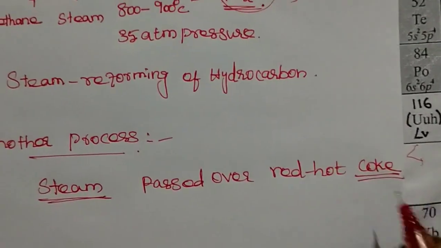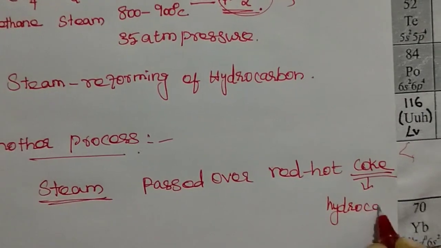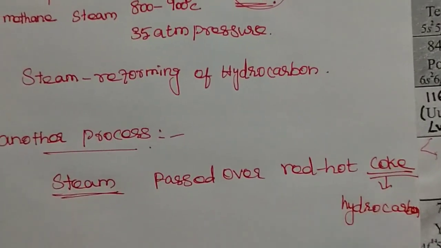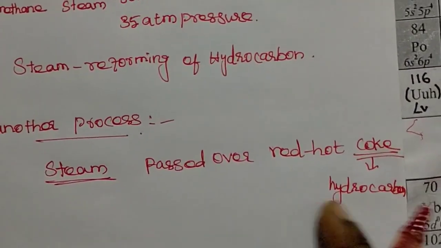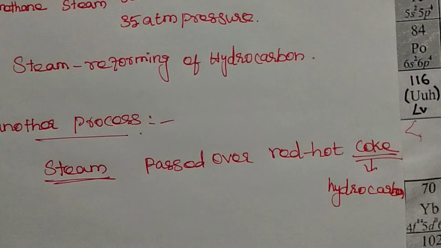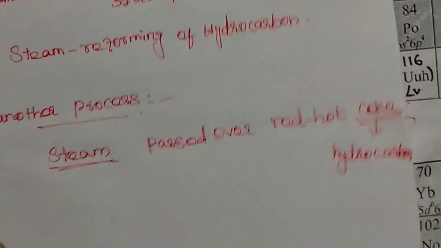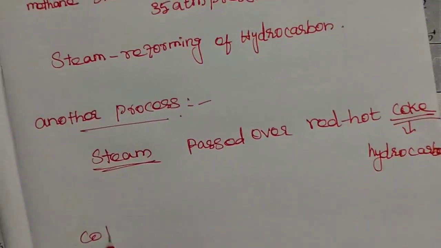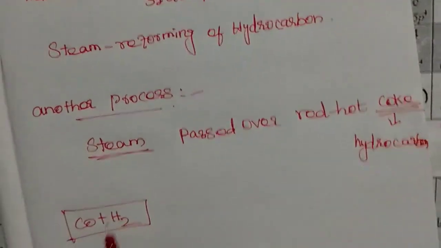Coke is a hydrocarbon. So steam is treated with the hydrocarbon, or passed over red hot coke, to produce carbon monoxide and hydrogen. So carbon monoxide plus hydrogen is produced in this process.